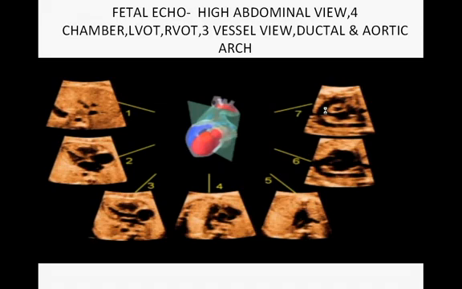So these views can be very clearly evaluated with new technologies like spatio-temporal image correlation, that's 4D STIC. A 3D acquisition of the fetal heart and a display of these structures is possible with SonoVCAD. New software like SonoVCAD automatically displays all these sections of interest in fetal echo.